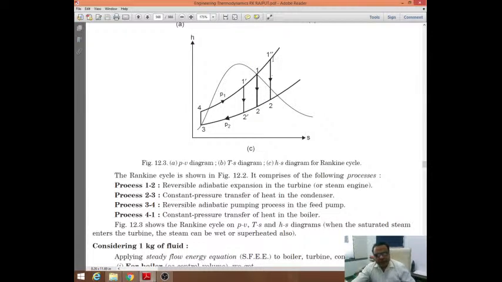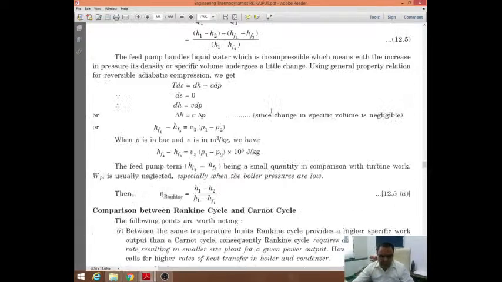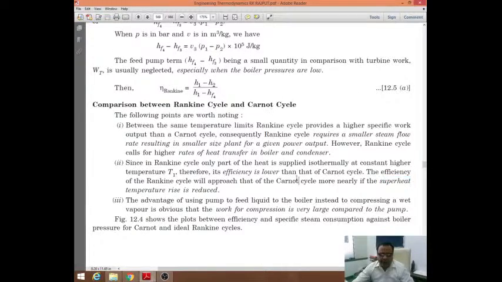Superheating to some extent increases the efficiency, but it is more important in terms of reducing the erosion of the turbine blades. It is essential. The advantage of using the pump to feed liquid to a boiler instead of compressing wet vapor is obvious: the work of compression is very large compared to the pump, and that is the comparison point.